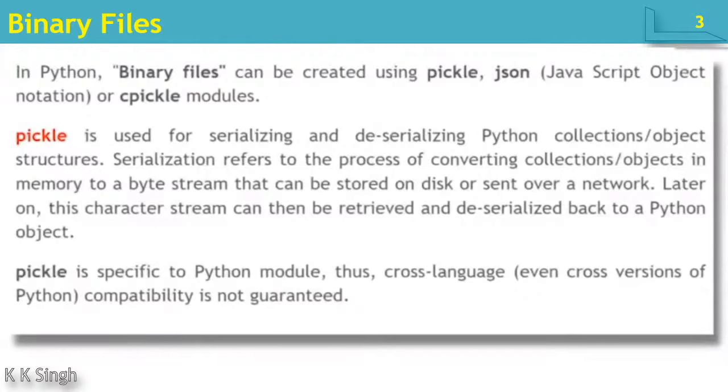So this becomes a cross-language versions problem. It cannot be guaranteed that a binary file written in Python can be read in C++ or C. So Python binary files are different from the files of C++ or C or any other language.